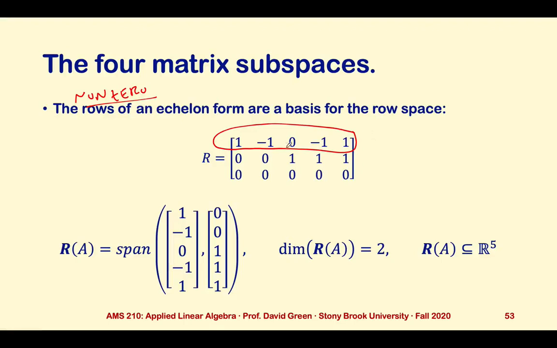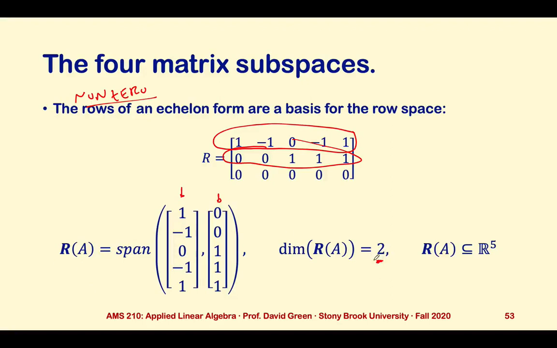Our first basis vector, 1, -1, 0, -1, 1, which I've written here in column form, and our second basis vector, 0, 0, 1, 1, 1, which I've written in column form here. There are two non-zero rows, two basis vectors in the row space.